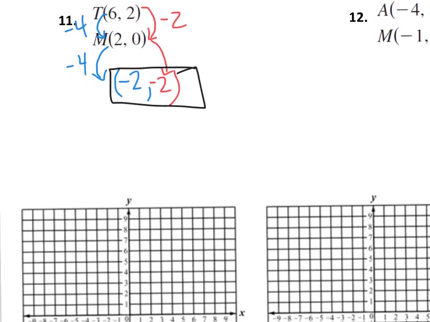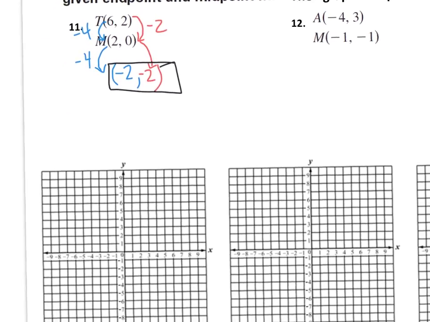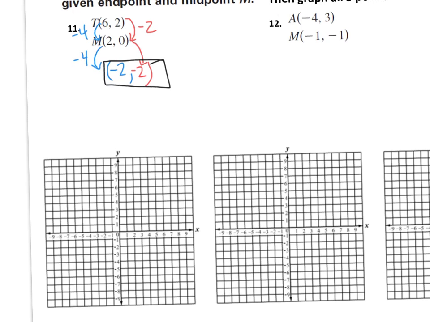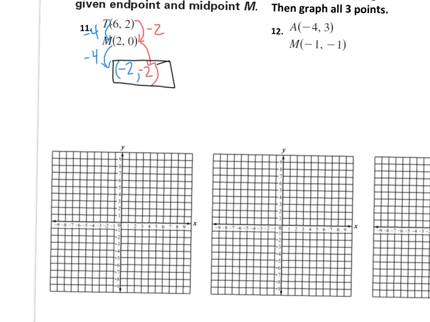If we graph it, we can confirm that that is the other endpoint. So T is one endpoint. That is at 6, 2, which is right here. M is our midpoint, that's at 2, 0, which is right there.